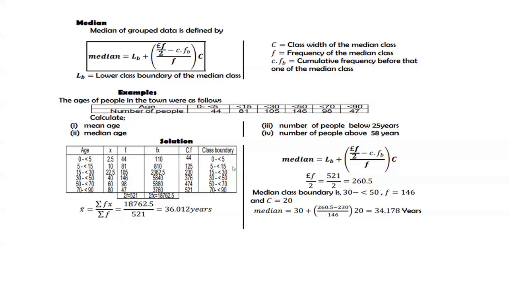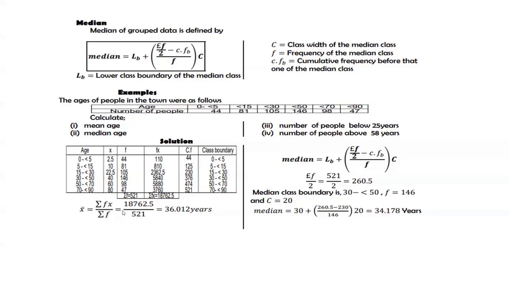Then the class boundary, you also generate it in that way for this kind of data, because this is grouped, but then they have brought it as 0 less 5 less 15 less 30. So this is how you generate the class boundary.